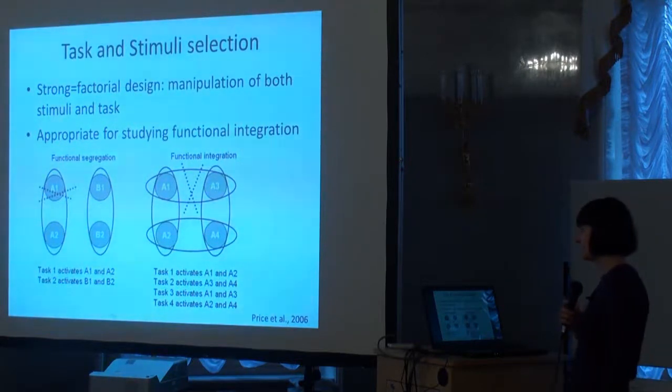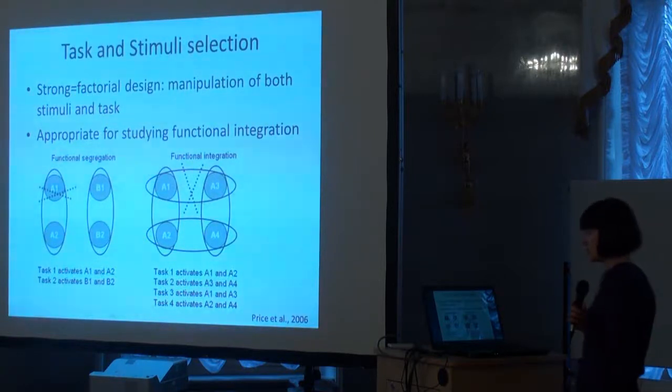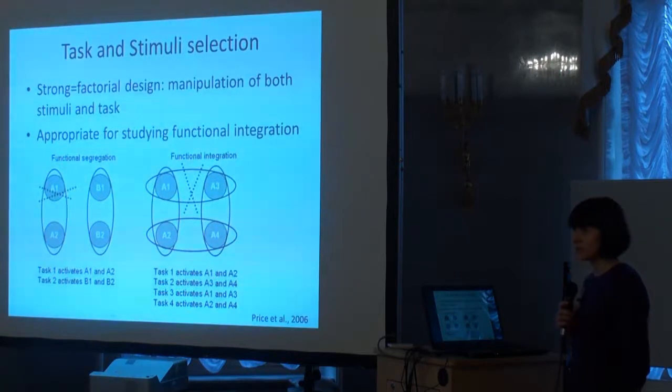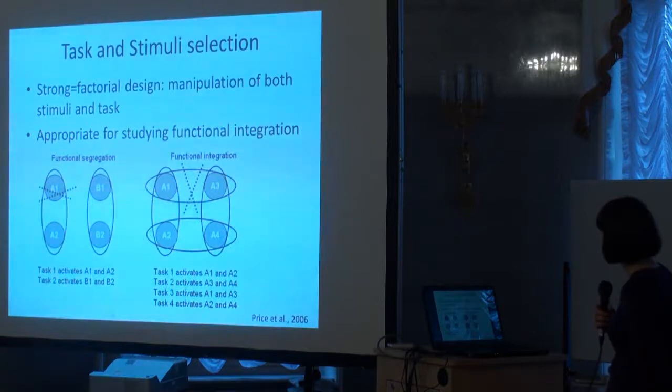Concerning different kinds of designs, it is advised to use factorial design when you, for example, manipulate both kinds of stimuli and the task. And then using different kinds of statistical approaches, you can disentangle the different processes. And factorial design, I will give you an example to clear it.